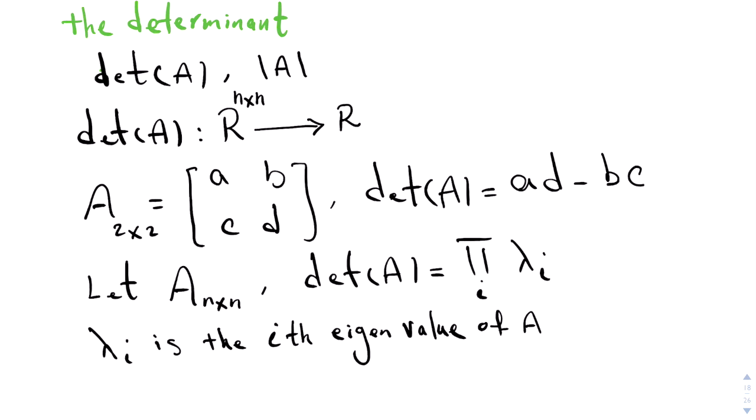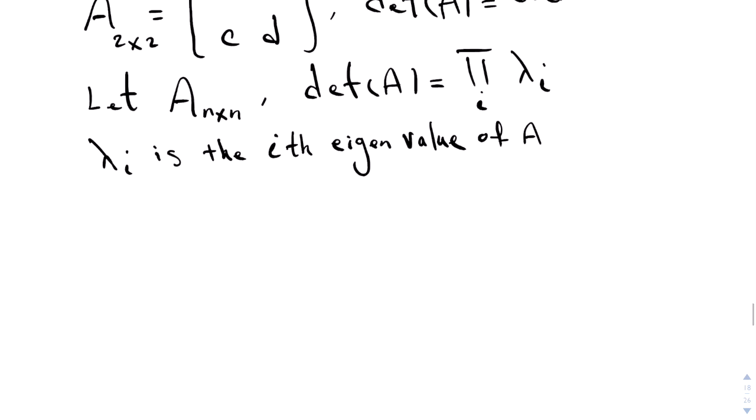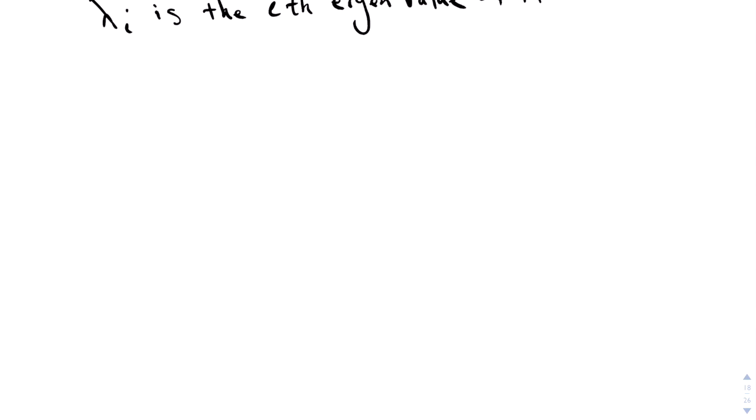What is important here is to have an intuition about the determinant of a matrix. So what exactly are we doing when we are computing the determinant of a matrix?